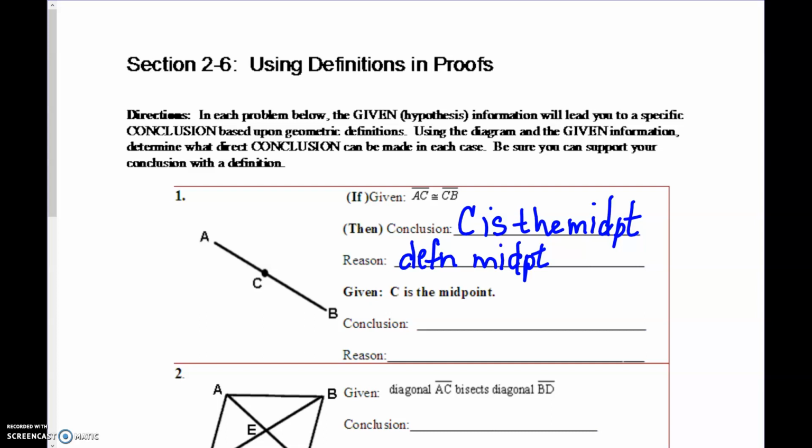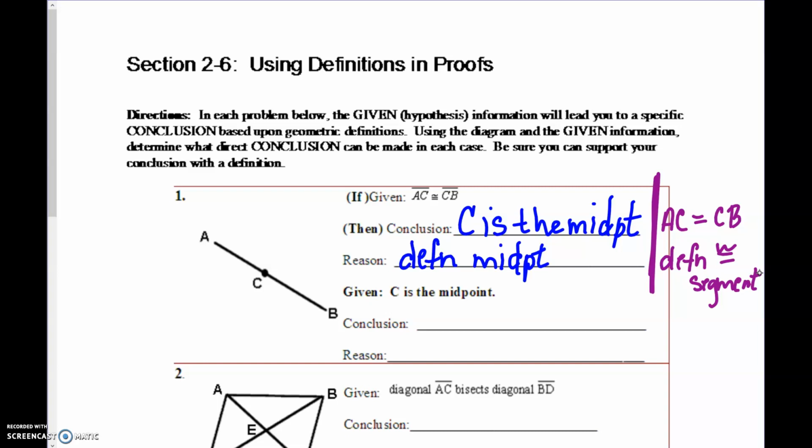So another thing you could come up with, instead of C as the midpoint, is that looking at that diagram, the length of AC is equal to the length of CB, and this is called the definition of congruent segments. Because they're not being very specific and we don't know the order of the entire proof, I could totally understand why on this worksheet you would come up with this conclusion as well.